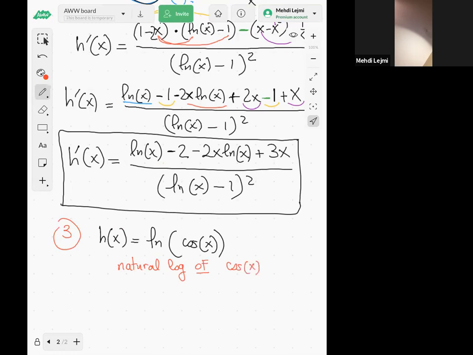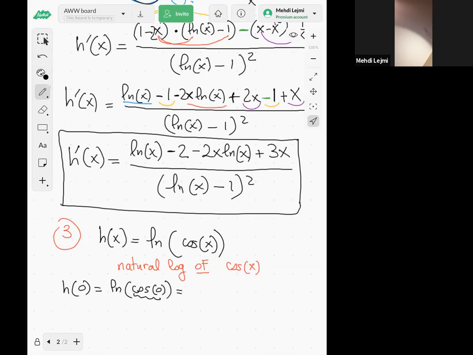For example, I want to compute, let's say, h of 0. So there'll be natural log of cosine of 0. The angle is 0, so first I have to find the cosine of the angle 0, which is 1.